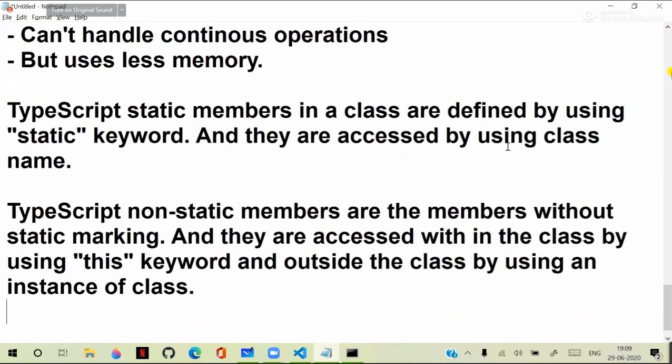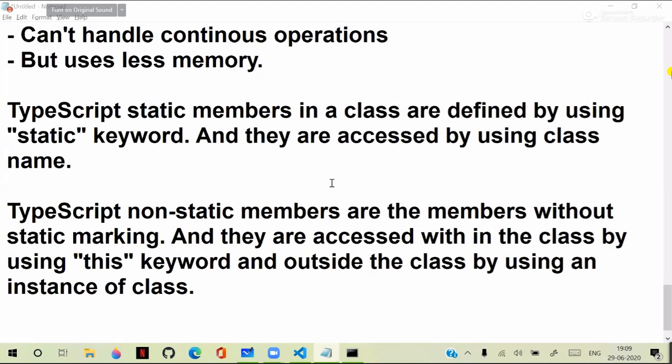That is the TypeScript related options, right? Technically, how we can manage that. That is static and non-static.